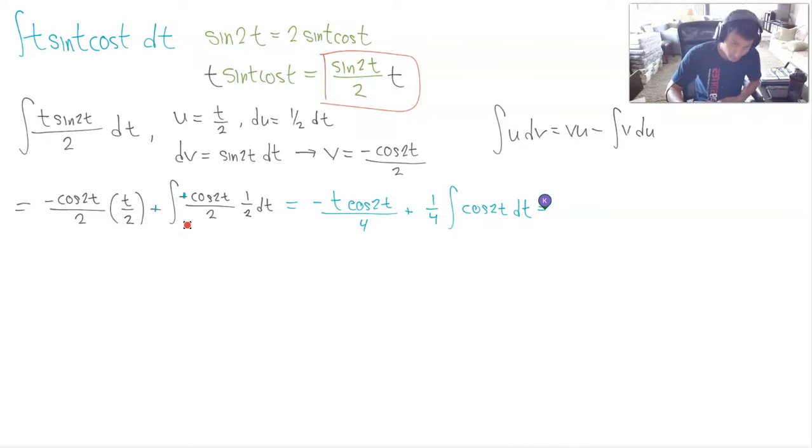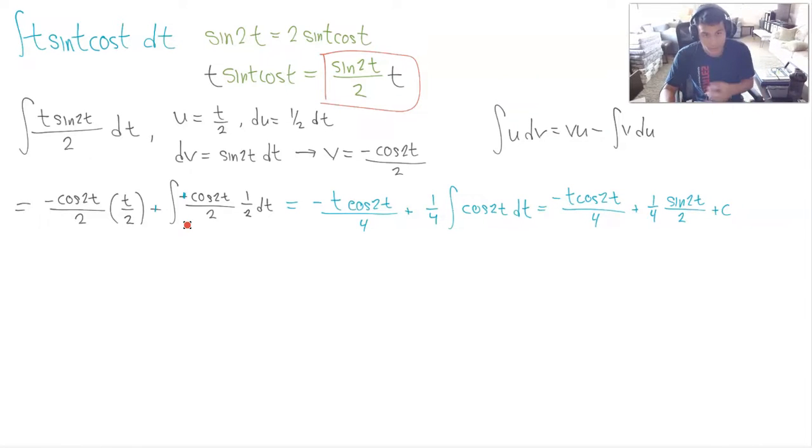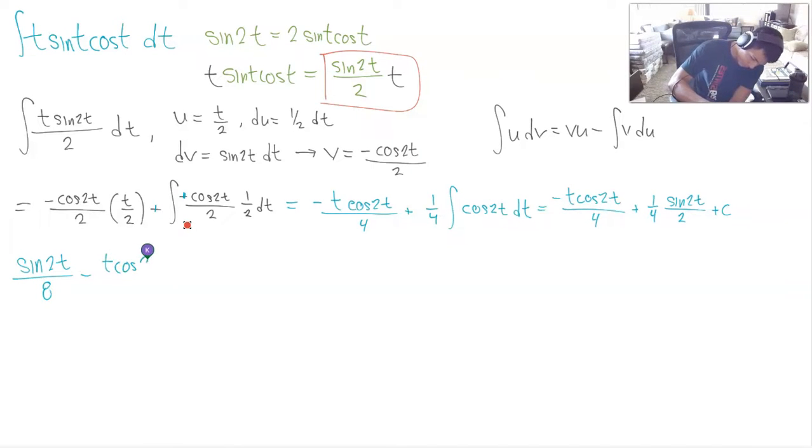And then we know that this is going to equal negative t cosine 2t over 4 plus 1/4 sine 2t divided by 2, and then plus some constant c. And of course I'm going to make this look nicer. I'm just going to rewrite this as sine 2t divided by 8 minus t cosine 2t over 4 plus c. There you go. That's your final answer.